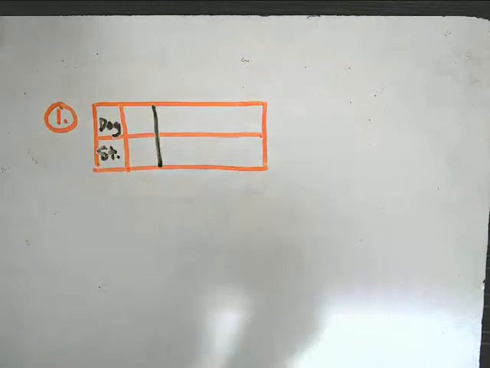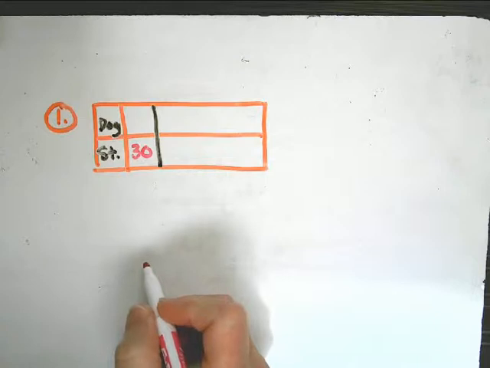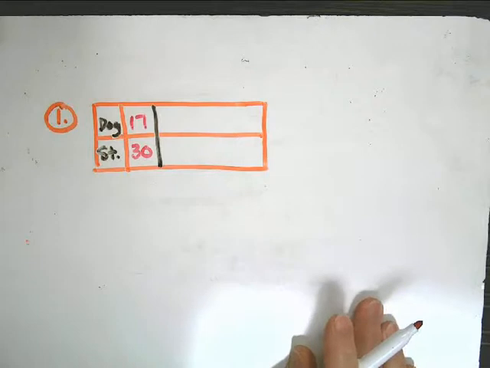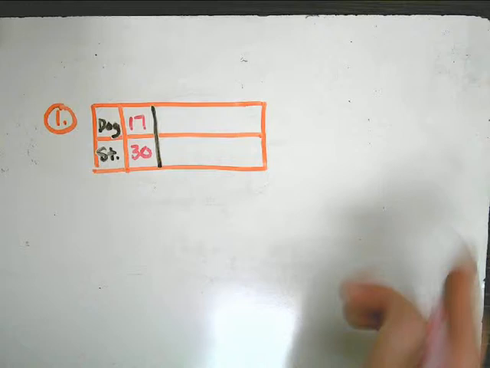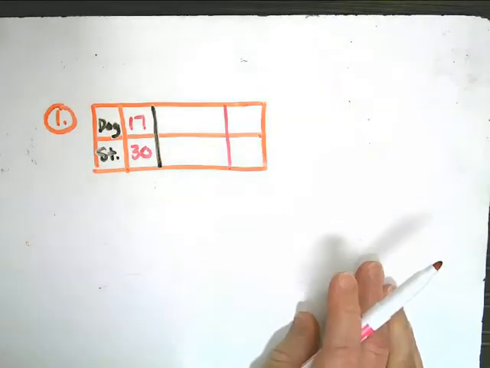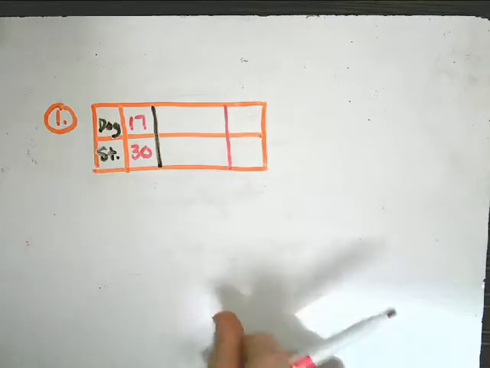Good, there's 30 students. And how many dogs? They took a survey, didn't they? Based on these results, how many of the 300 students in the school have a dog?